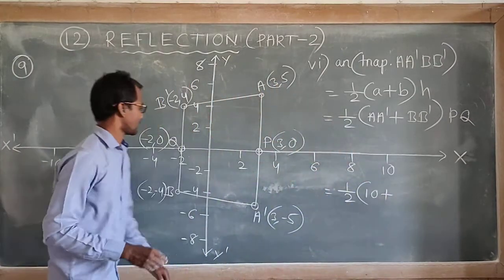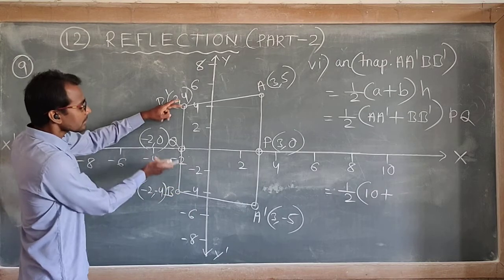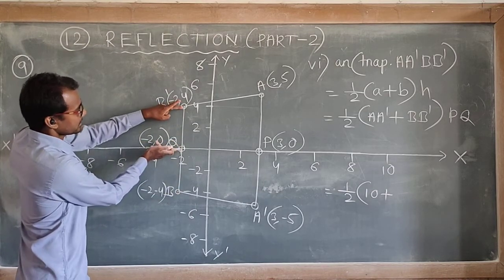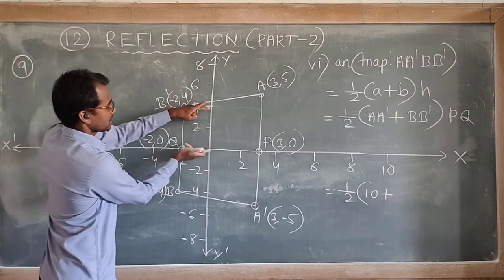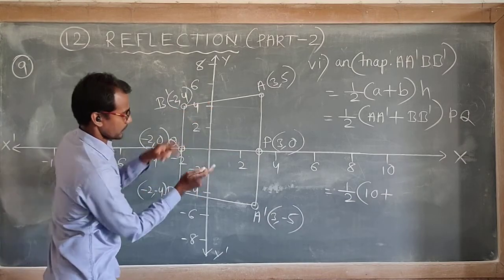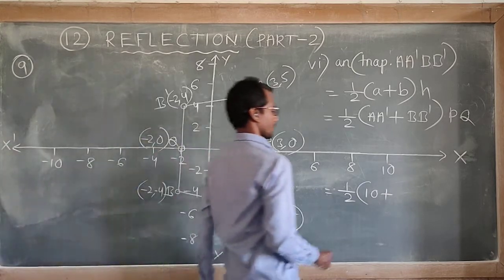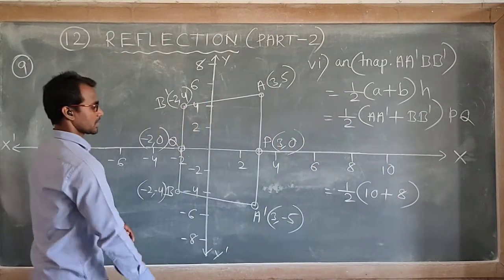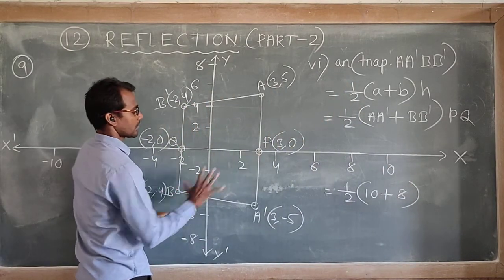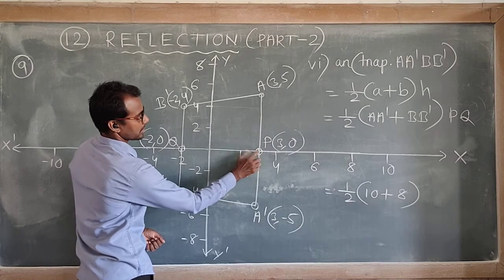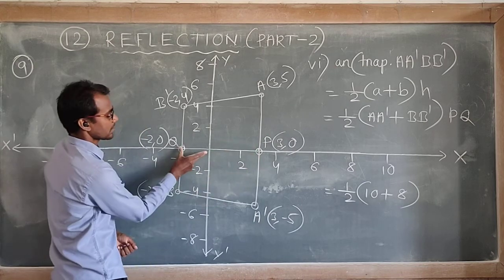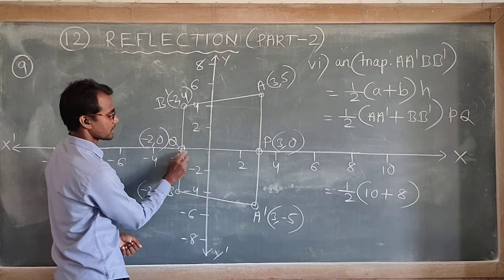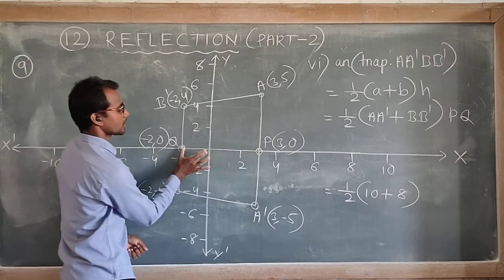Then what is B dash? What is this distance? 4. This is also 4. So 4 plus 4 is 8. What is PQ? What is this distance? 3. And what is this distance? 2. This is minus 2 and this is 2. So 3 and 2 means 5.